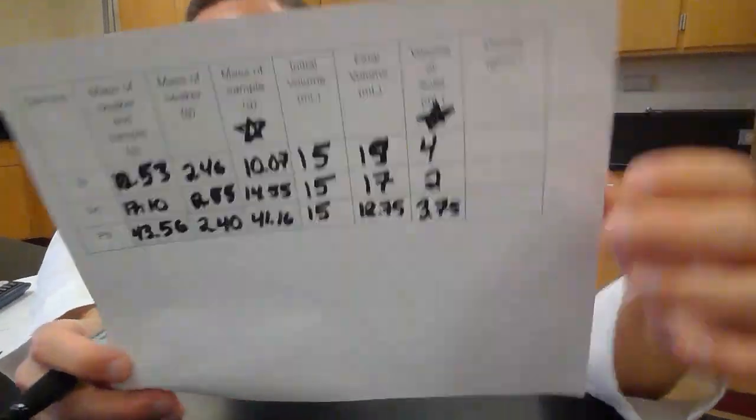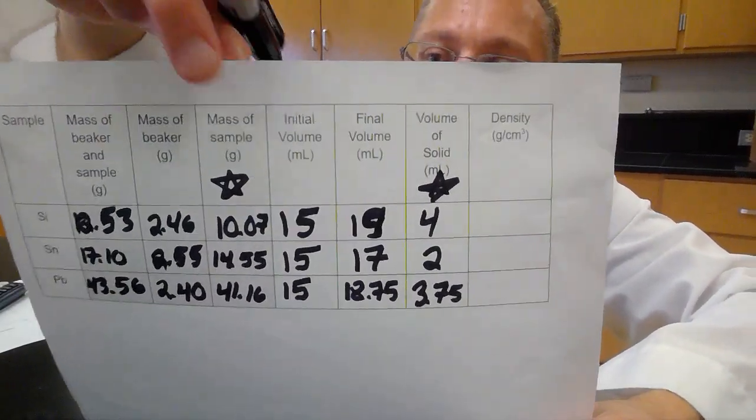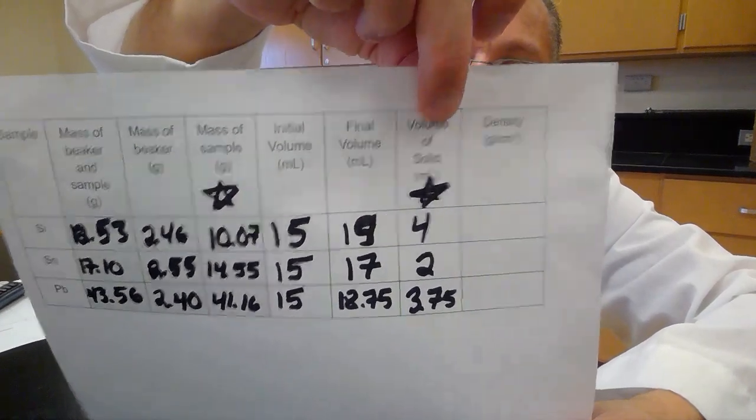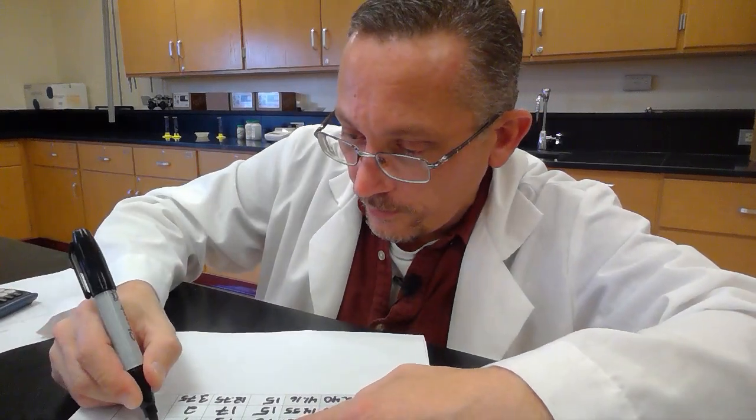Just like that. And then to find the density in this last column, we're going to take the mass divided by the volume. So we're going to divide these two, and that'll give us the density. So for silicon, I have 10.07 divided by 4. And I get, we'll just round this off to 2.5.